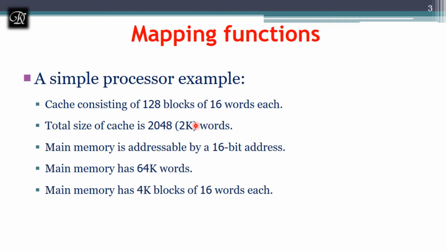I'll get the total number of blocks available in the main memory. I have 4K blocks in the main memory and 128 blocks in the cache memory. You can see the difference now. The total size of the cache is 2K and the total size of the main memory is 64K.